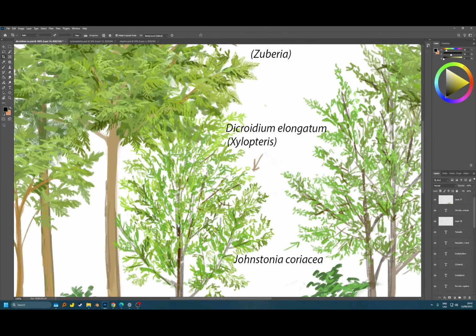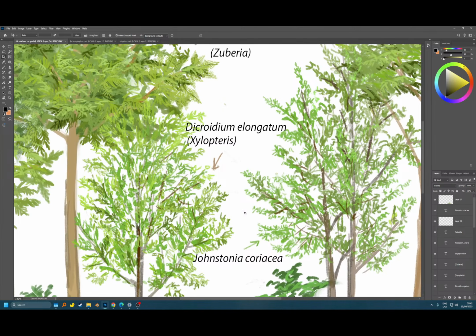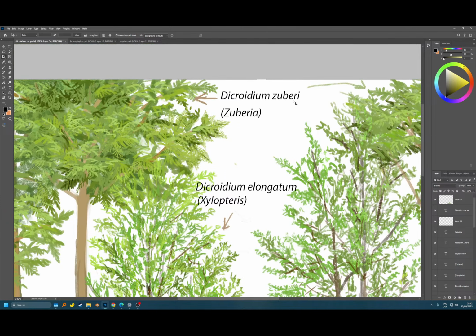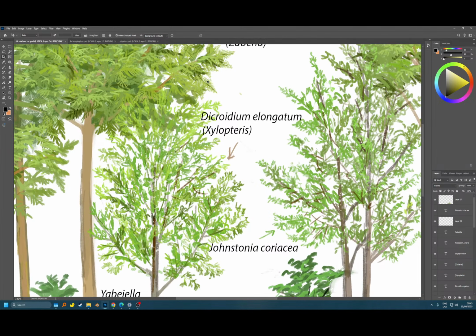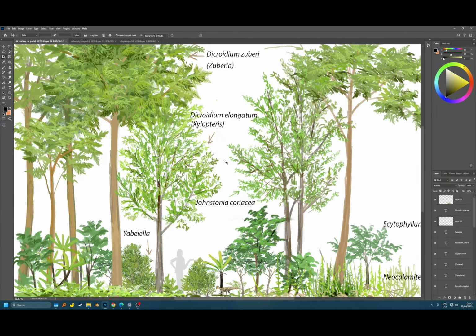The plant that had those leaves grew along the other ones, like Xylopteris. It's a synonym. Suberia is the same as Dicroidium suberi. And so you have different sizes, but there's no other way to reconstruct these smaller leaved trees but as a branch of trees, because they do that in the Antarctic region.